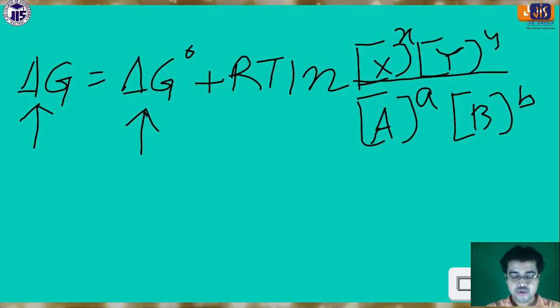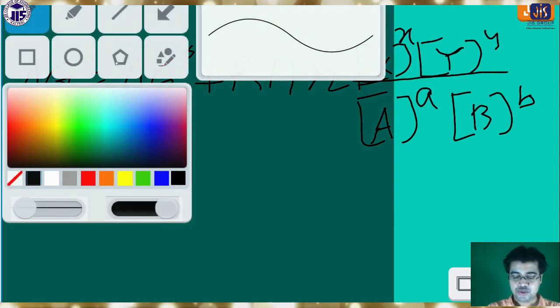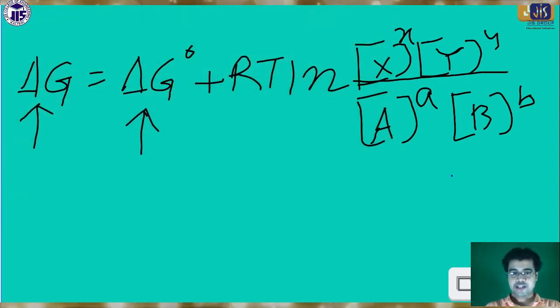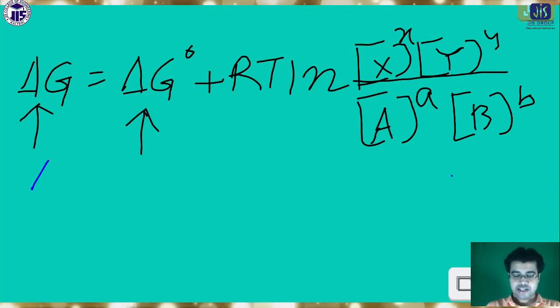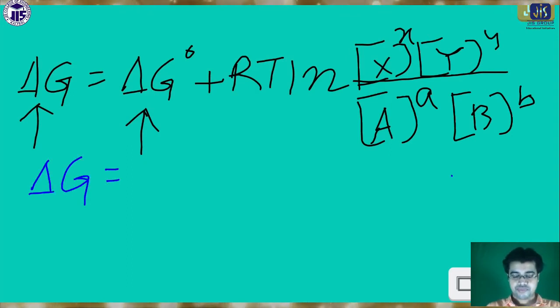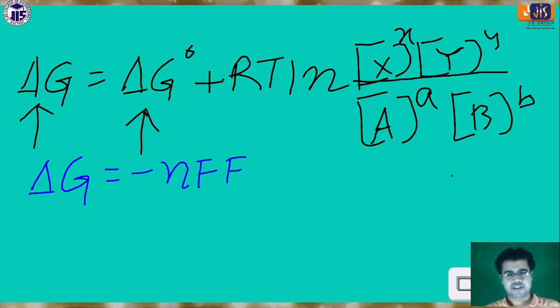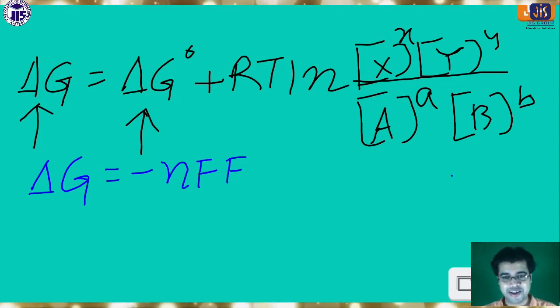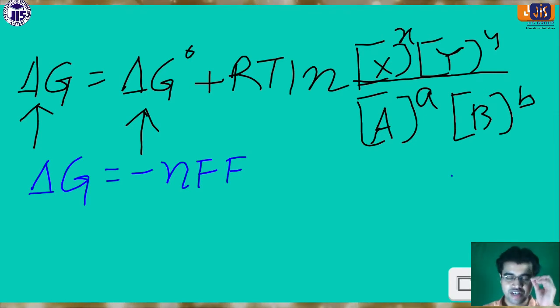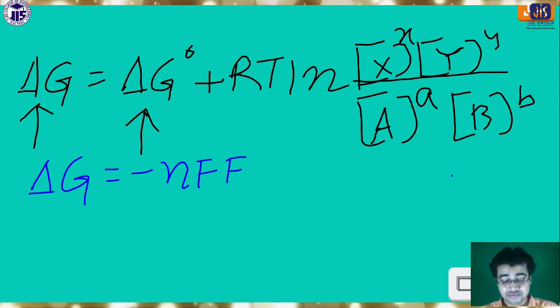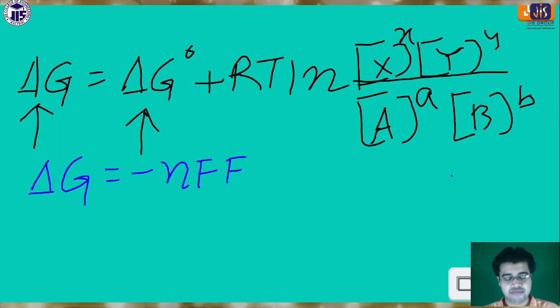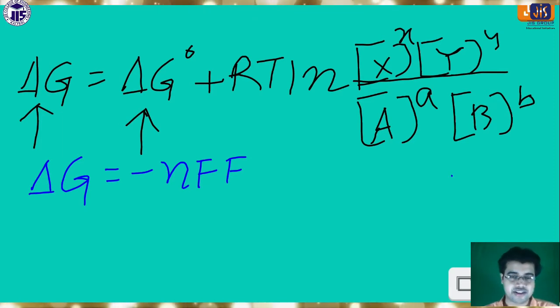But you know that delta G equals minus nFE. You have to keep this in mind, and this is the relationship between thermodynamics and electrochemistry, because with the Gibbs free energy we can establish the relation delta G equals minus nFE.